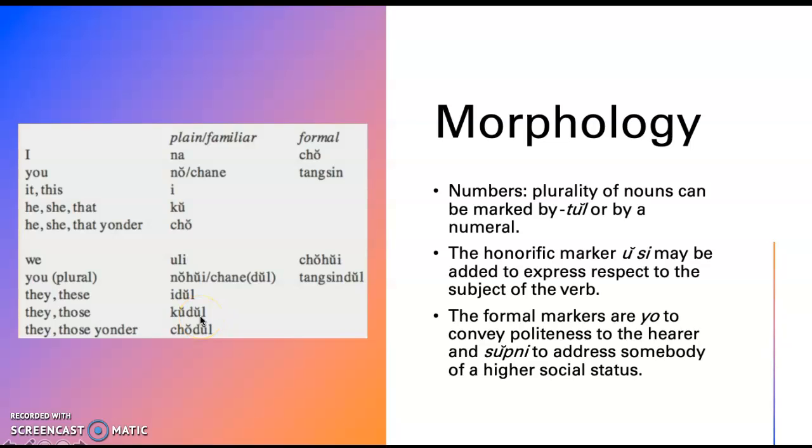DUL is a numerical value. So that just shows how many of those are there. The honorific marker you, she may be added to express respect to the subject of the verb. The formal markers are you to convey politeness to the hearer and supni to address somebody of a higher social status.